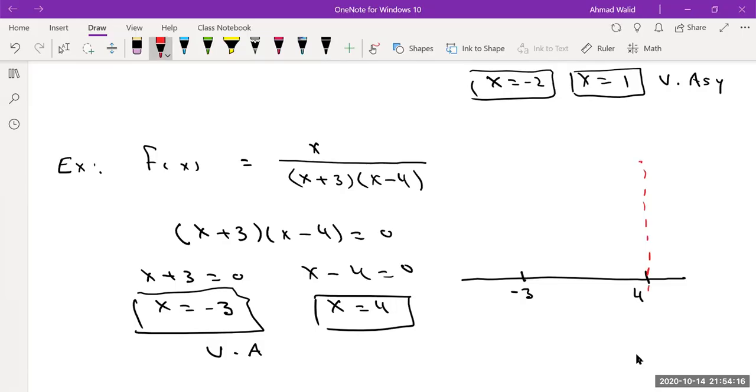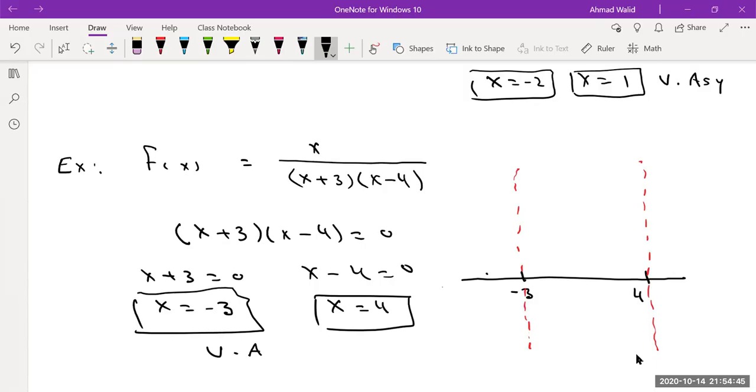I have a vertical asymptote at 4, and I have a vertical asymptote at negative 3. Now, you see, if you pick a test point, if you do a sign analysis, we call it sign analysis. If you pick a number from negative infinity to negative 3, this interval, on the left side of negative 3.